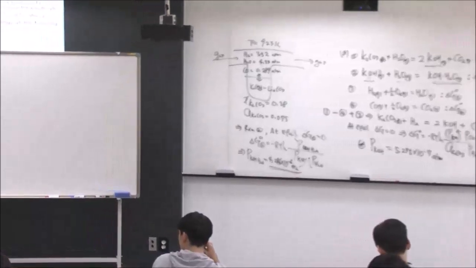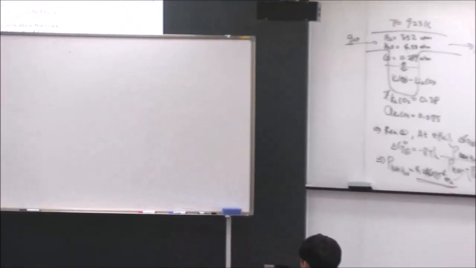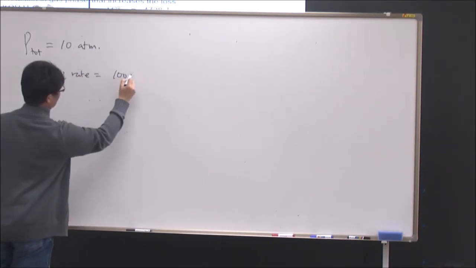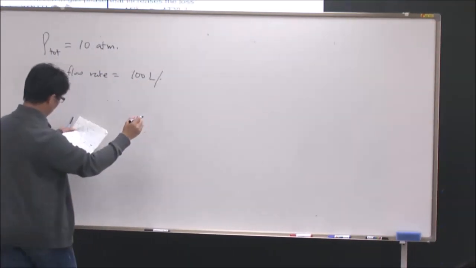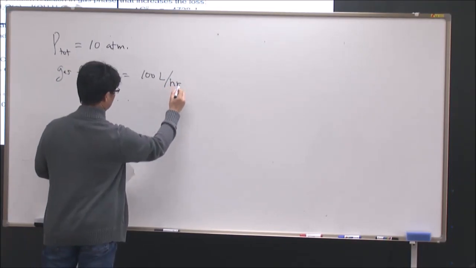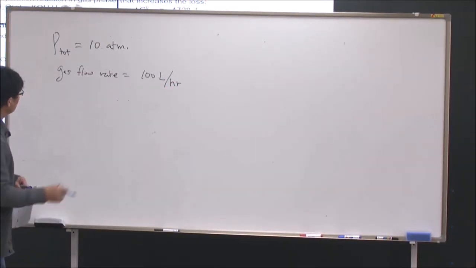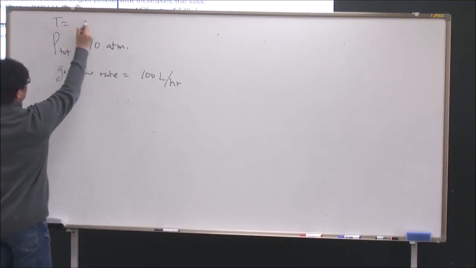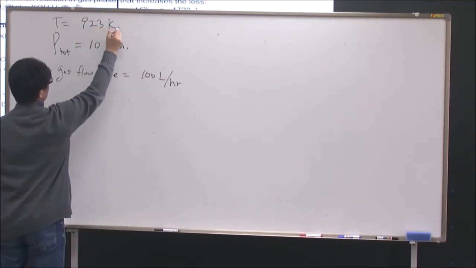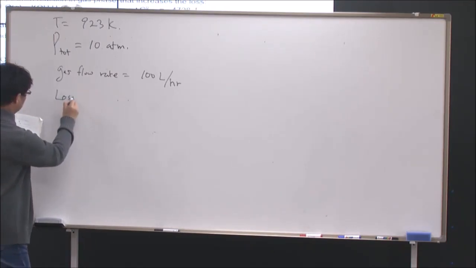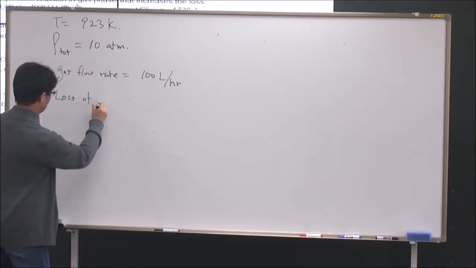Okay, and then the gas flow rate per hour, and the temperature 923 Kelvin. Okay, and now we have to calculate basically the loss of this one, the electrolyte.